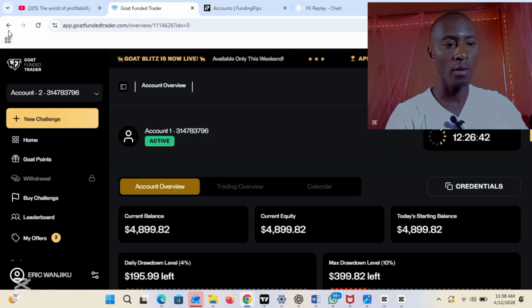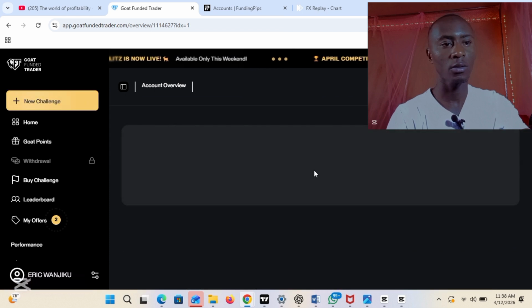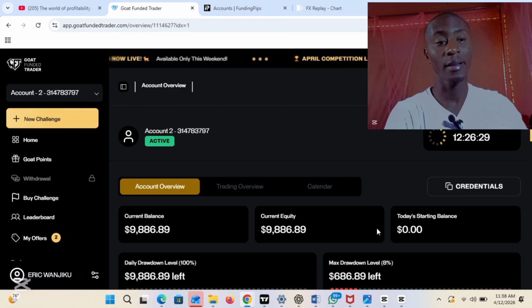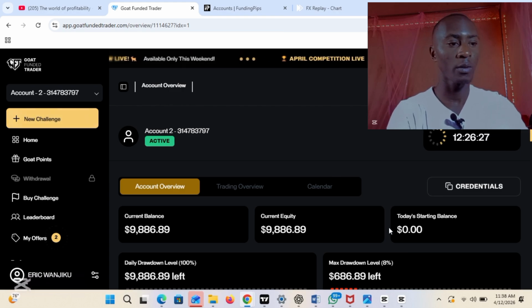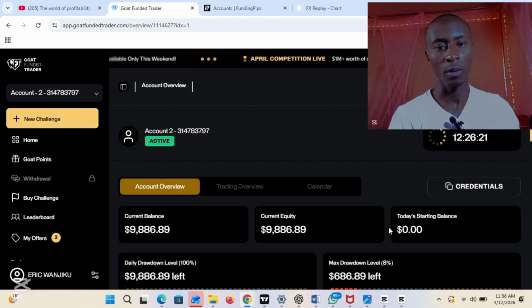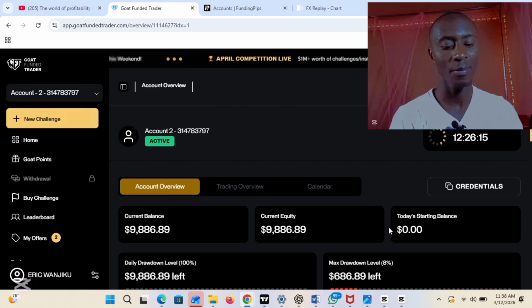Let's go to the other account, which is this one. Let me show you. Okay, here we go. This account is a 10k account, which you get for free after purchasing a 5k account, and then you will be able to trade now and pay later.